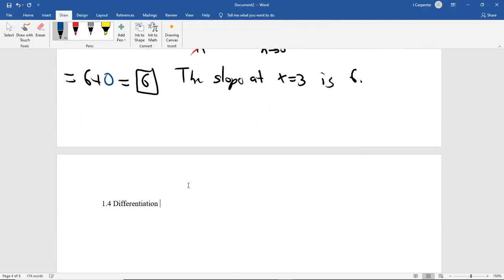Differentiation using limits of difference quotients. Differentiation is exactly what we just did, arguably.